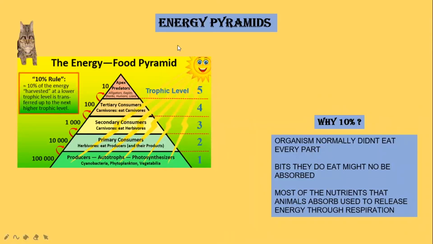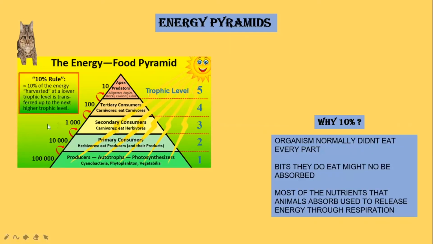Next is the energy pyramid. The energy pyramid is always upright, like I said, because it follows the 10% rule. So how do we count the energy that passes to the consumer? Let's say that the producer has 100,000 energy.